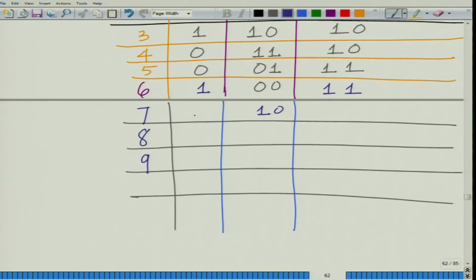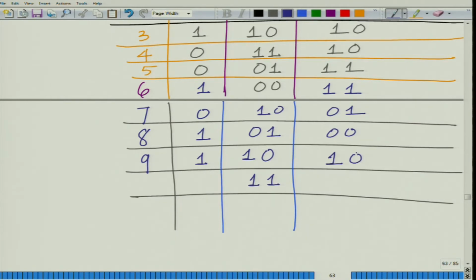At time instant 7 the input is 0, the next state is 0 1 and the output is 0 1. At time instant 8 the input is 1, the next state is 1 0 and the output is 0 0, and at time instant 9 finally the input is 1, the next state is 1 1 and the output is 1 comma 0.